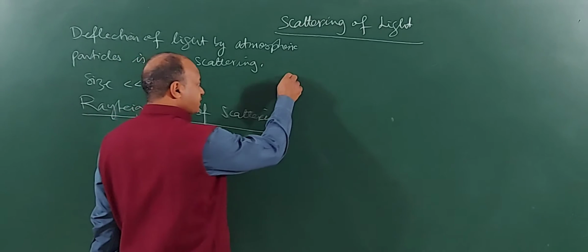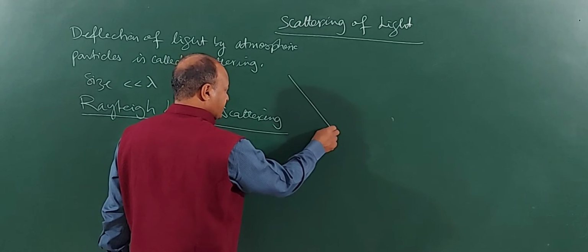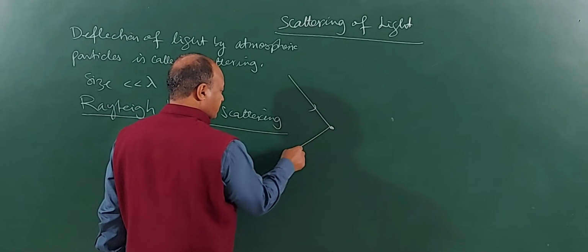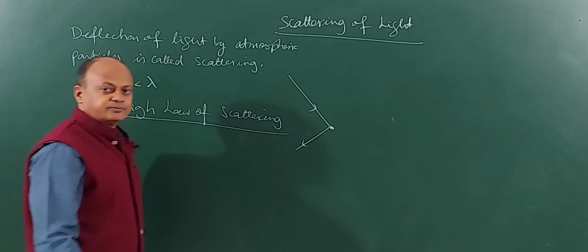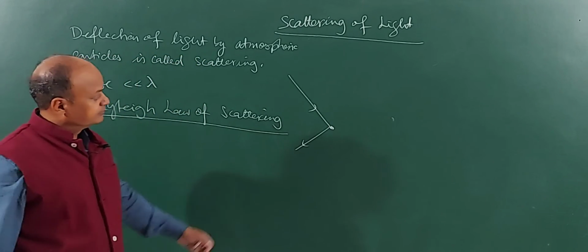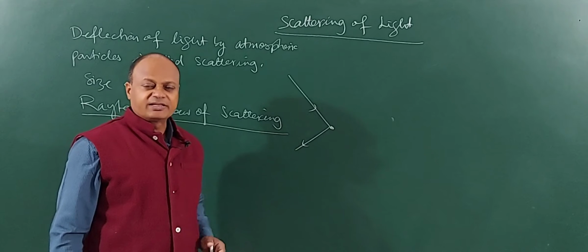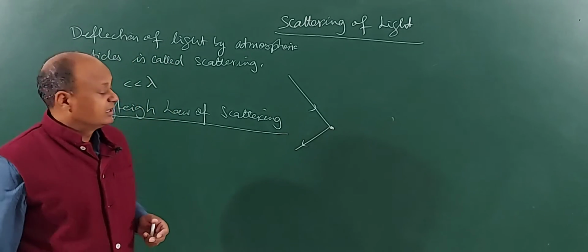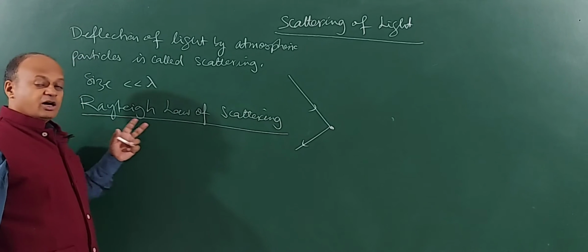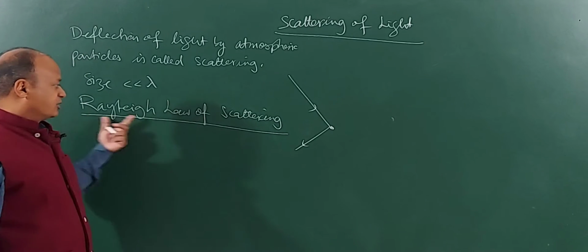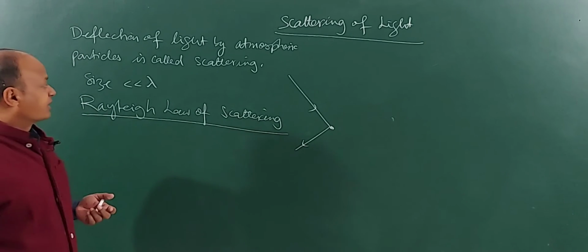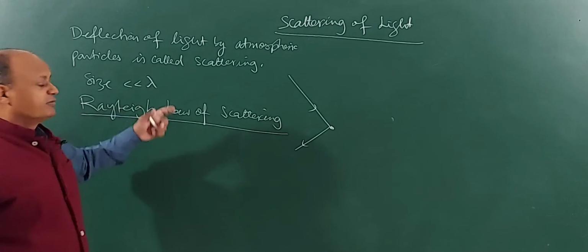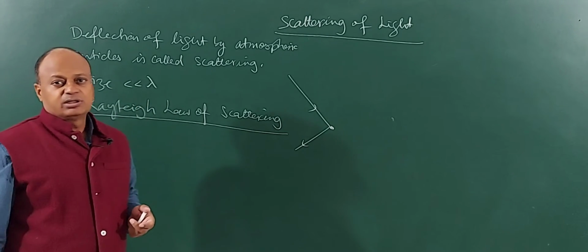A ray of light comes here, strikes a particle and gets what? Scattered. Gets deflected from its initial direction. It is called what? Scattering. Now, which light will be scattered how much is explained by a law that is called what? Rayleigh law. But one condition remains, the size should be very small compared to the wavelength of light.